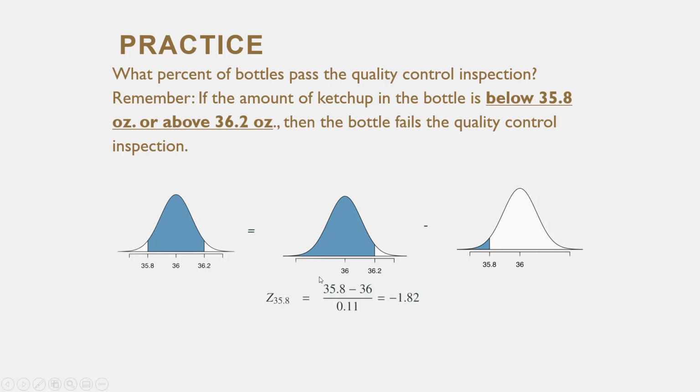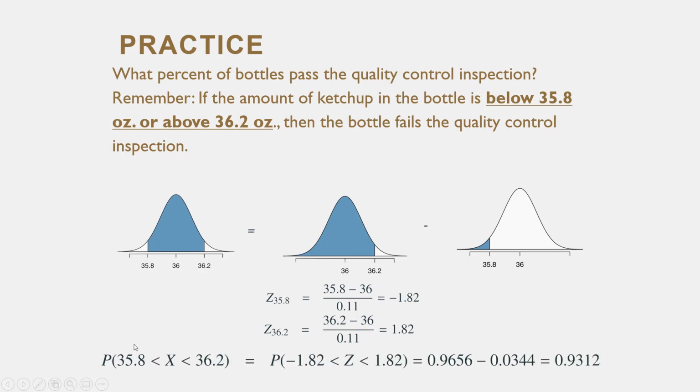This was my previous one, then for the next point, 36.2, I calculate my other score, and it's also 1.82, but now it's positive. So these were symmetric limits. The probability of X being between these two values is equal to the probability of my z-score being between these two.